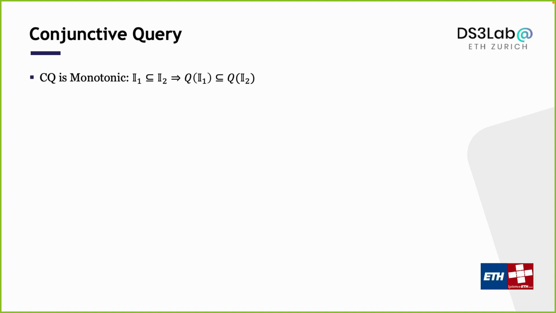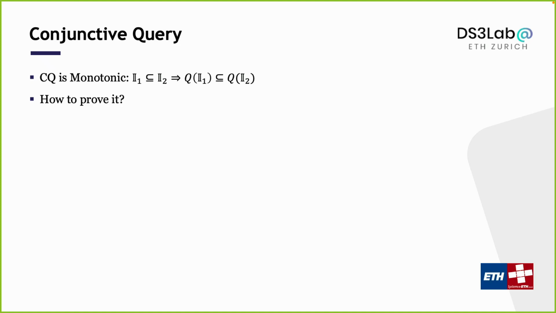I know strictly more in the second database. And given any conjunctive query Q, you can also show the result of this query on the small data set is always going to be a subset of the result of this query on the big data set. Whatever query you write, you have this monotonic property coming out of this query language.